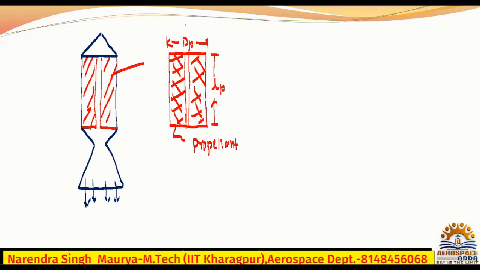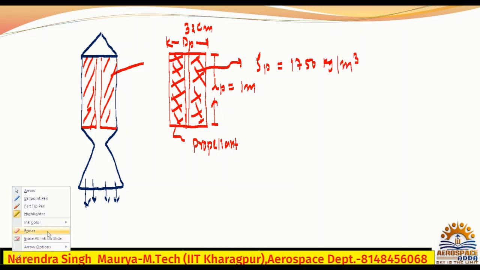So this is 32 centimeter and this is 1 meter. And because this is obviously a material, they have given the density also, 1750. All right. These are the data they have given to us.